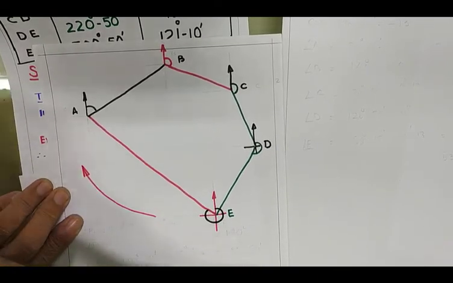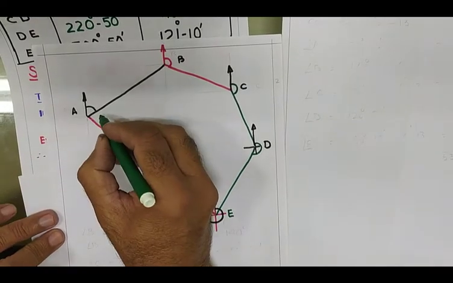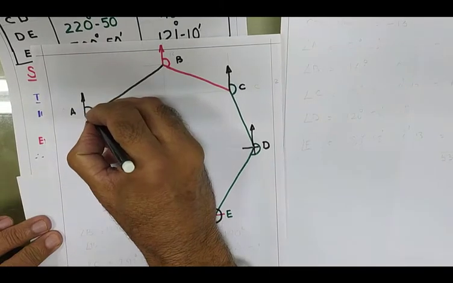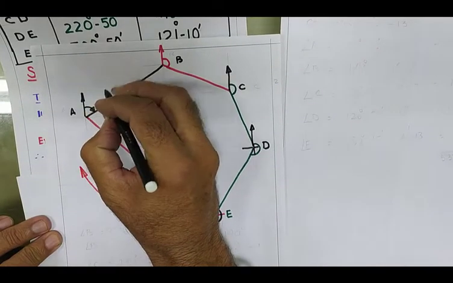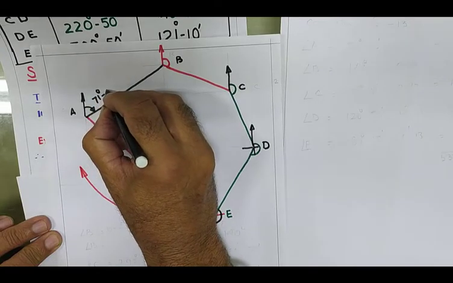From here I want to tell you the value of angle A. This one is the fore bearing of line AB, given as 71 degrees 5 minutes.